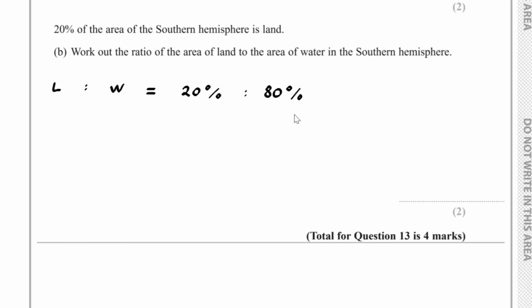And so therefore, our ratio is 20 to 80. Can I simplify this? Well, I can simplify it to 2 to 8, which is the same as 1 to 4. So I've got 1 to 4.